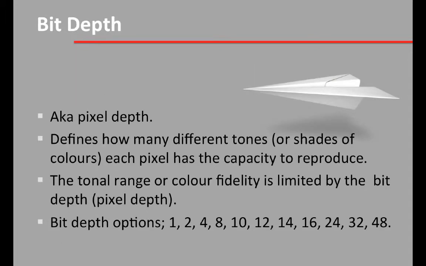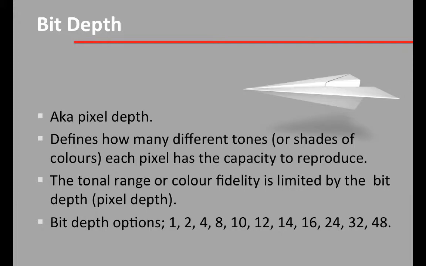So bit depth and pixel depth mean the same thing. If you're reading literature that describes it as pixel depth, but you know it as bit depth, it's exactly the same terminology. Remember, sensors are divided up into millions of small picture elements called pixels, and it's those pixels that actually reproduce the image.